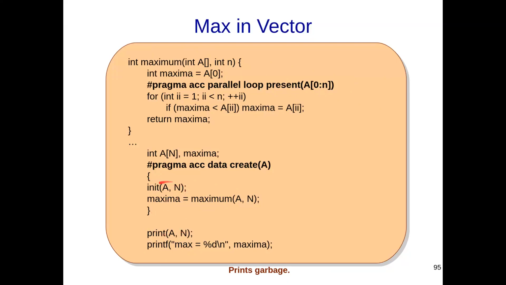But as far as the GPU processing is concerned, it should still be doing it on the GPU memory where A is available, and therefore I should be able to get this maxima properly. Unfortunately, it doesn't get copied from maximum to maxima, and I really don't know exactly why this is happening. Is it because we have to specify copy out of maxima and so on here? I really don't know. But because of that, we know the reason why it prints garbage for A, but it doesn't print the value correctly for maxima also.